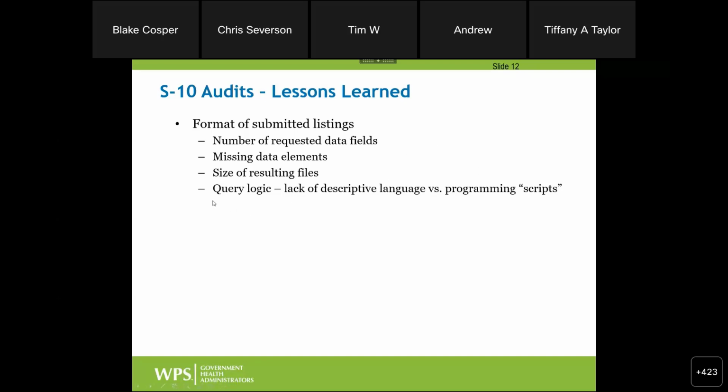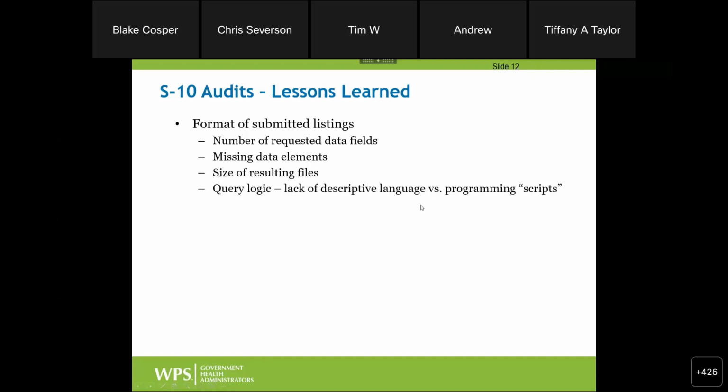One of the other submission items was with the query logic. This is a phrase that CMS has used since the beginning of these S-10 audits. They expect us to request query logic from providers, but that term, if you were even to do a Google search on query logic, you'd be talking more about programming scripts, database scripts, which is really not what we're looking for.